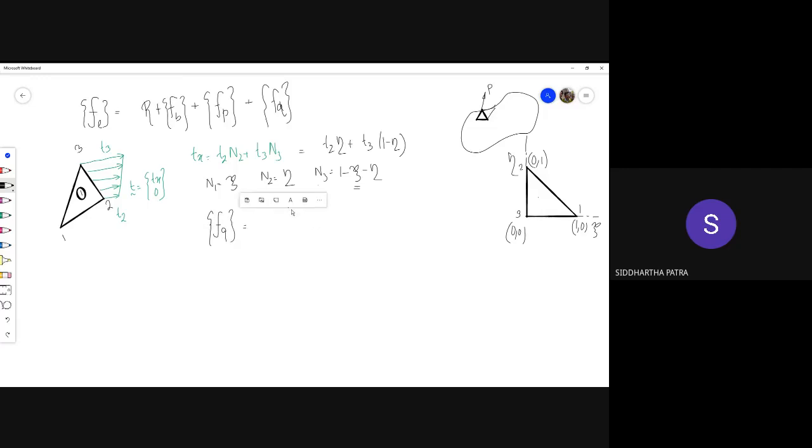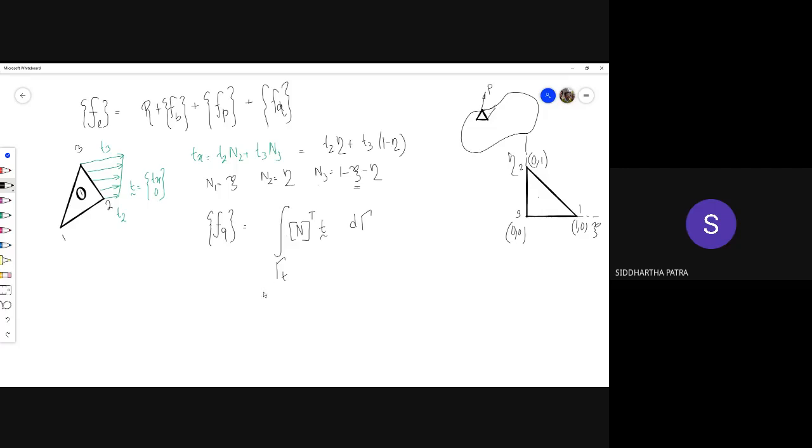can be written, if you follow the variational formulation that we did, as N transpose T, the distributed load, then integration over gamma T d gamma.